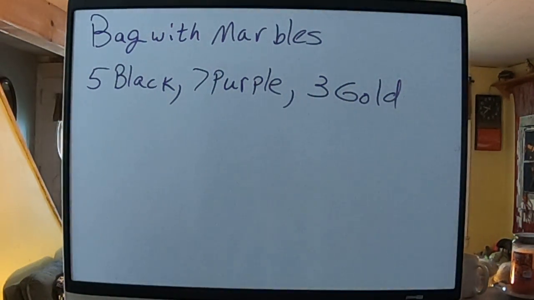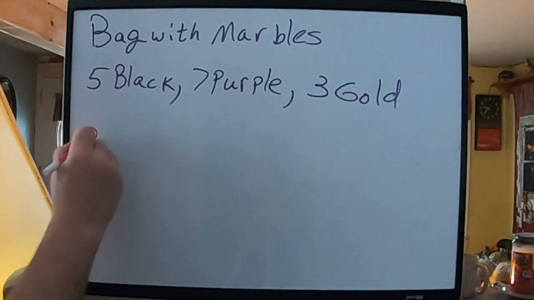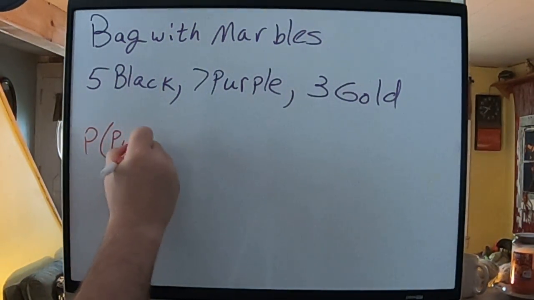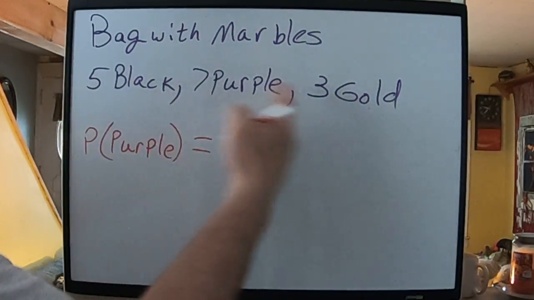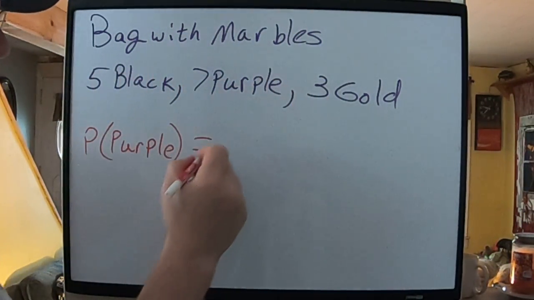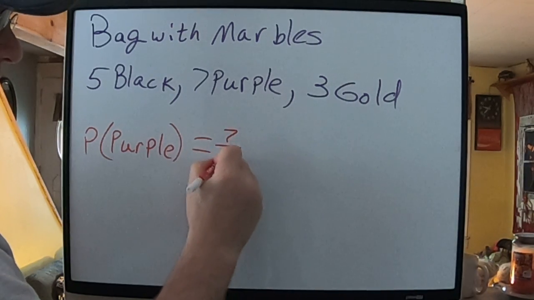All right, so if you have that, the first question is probability of purple. Well, there's 7 purple out of how many total? 5 and 7 and 3, that adds up to 15, so 7 out of 15.